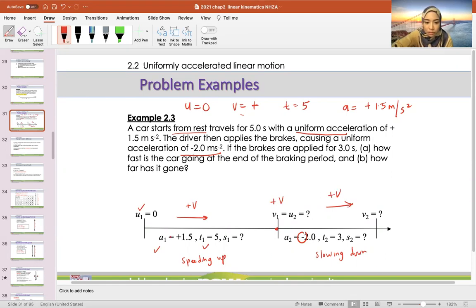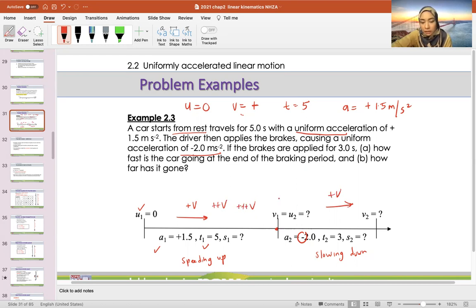However, you have a positive acceleration here, which means that your V keeps on increasing, because your acceleration is positive. But when your acceleration has a different sign than your velocity, in this case your velocity is positive but your acceleration is negative, therefore your velocity will be decreasing.